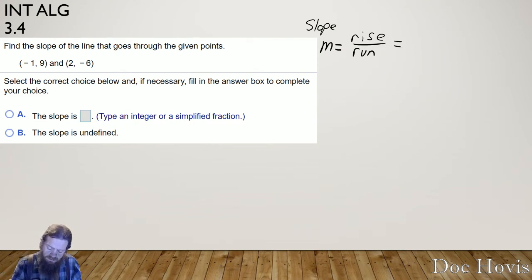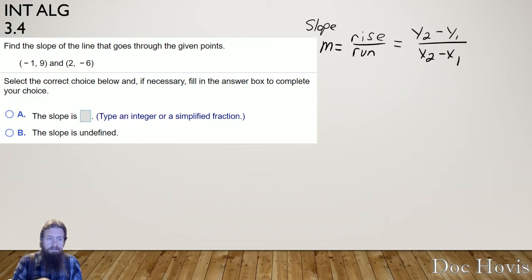The thing that goes up and down is our y values. So the formula for slope is y2 minus y1 over x2 minus x1, because x is the value that runs. It's the one that goes left to right. So y is the thing that goes up and down. X is the thing that goes left and right. Okay. So my slope formula is that thing right there.